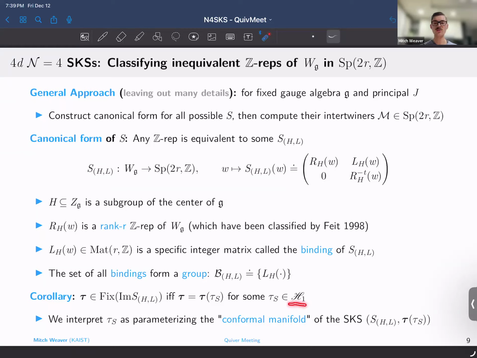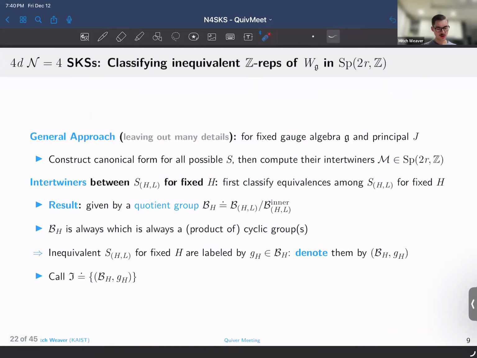So it's actually valued in the one-dimensional Siegel upper half space. I'll call this unboldface tau, or tau sub S. And what we'll end up doing is interpreting tau S as parameterizing the conformal manifold of the corresponding SK structure given by the pair.